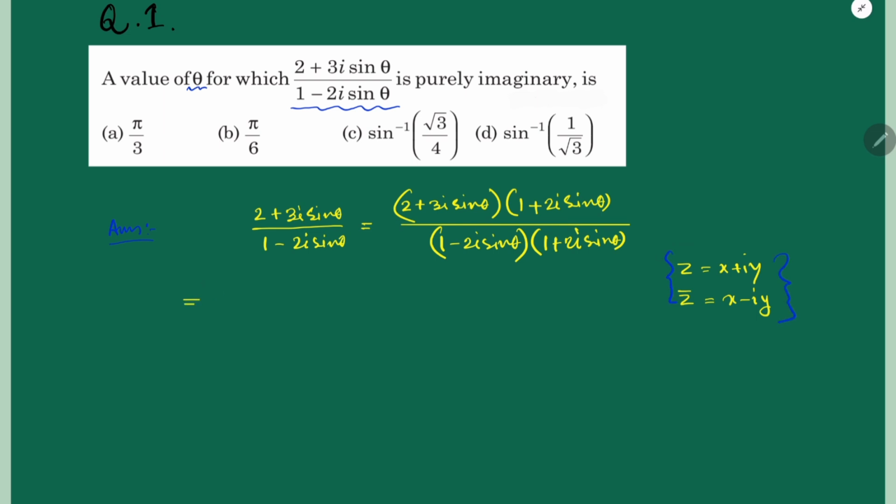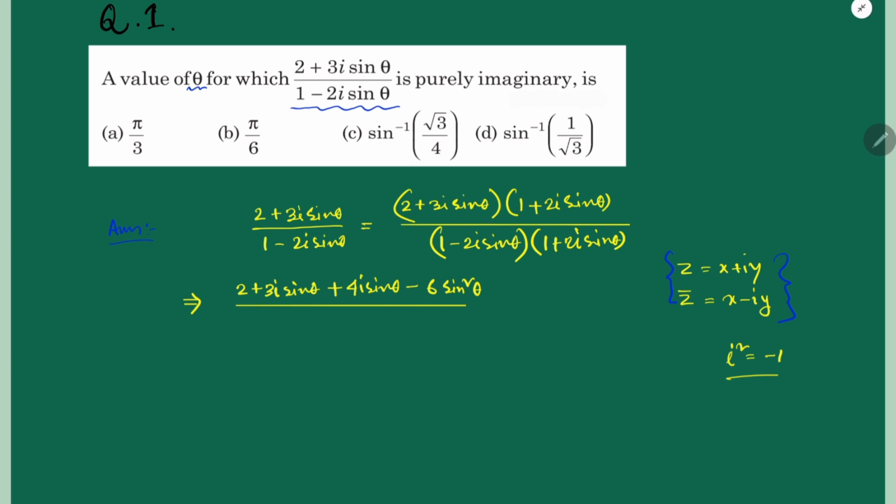So now we can multiply this 2 + 3i sin theta by 1 + 2i sin theta. That gives plus 4i sin theta, and this will be minus, because the value of i square is equal to minus 1, so this will be minus 6 sin square theta.